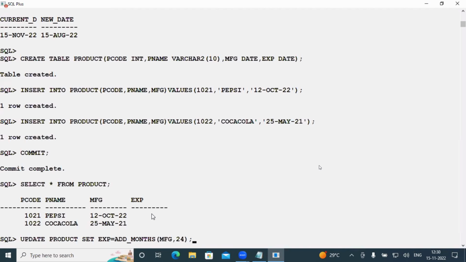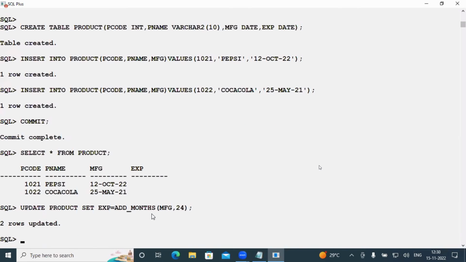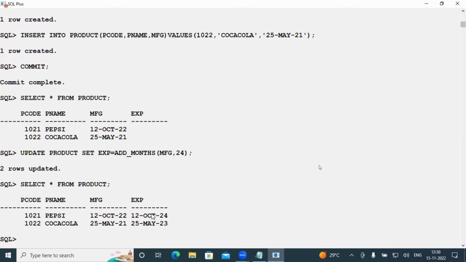Understand now? Let me see what happened. 2 rows are updated. Then you can come out and see your table. After adding 24 months to my manufacturing date, what is your expired date? 12th October 2022 is manufactured, and expired is after 2 years. 24 months means 2 years, yes or no?